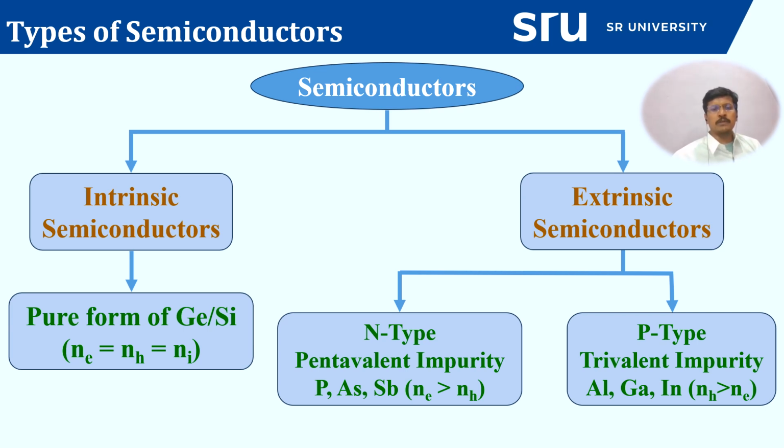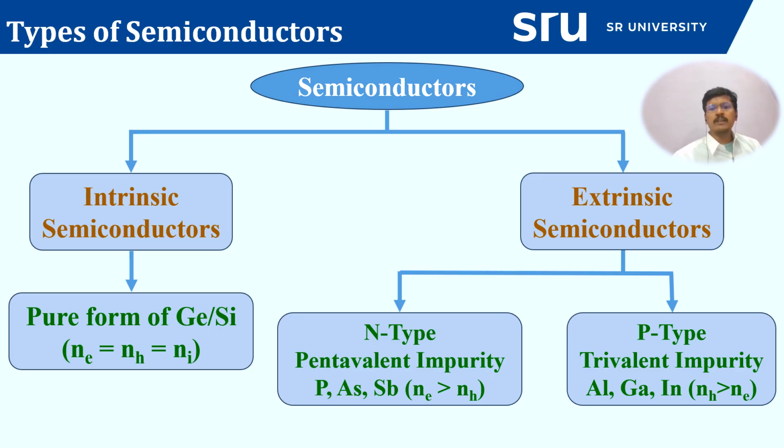The basic examples of intrinsic semiconductors are silicon and germanium. Whereas coming to the extrinsic semiconductors, they are also known as doped semiconductors. Based on the doping element, the extrinsic semiconductors are classified into two groups.